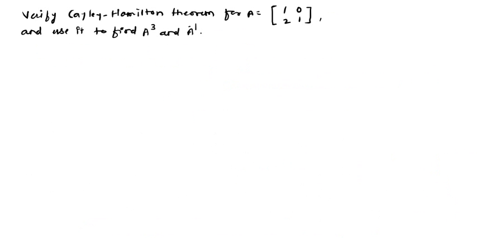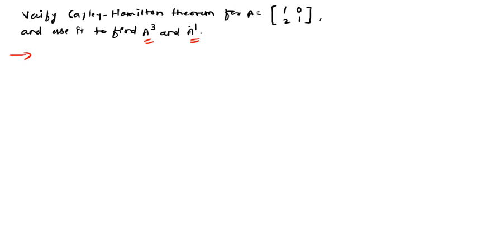Suppose we have this example, okay, and example is what? Verify Cayley-Hamilton theorem for the given matrix A and also find the values for A cube and A to the power minus 1.